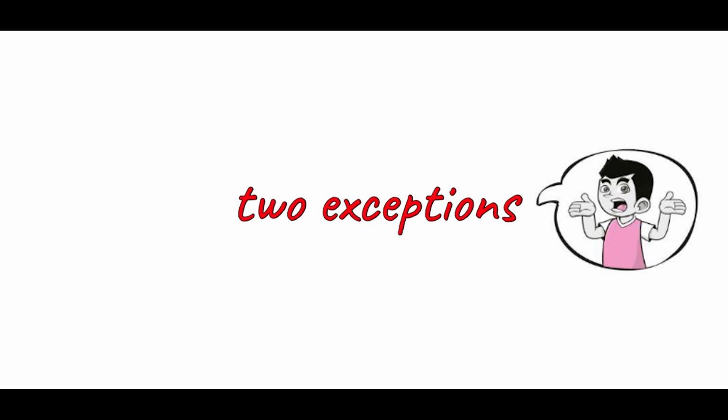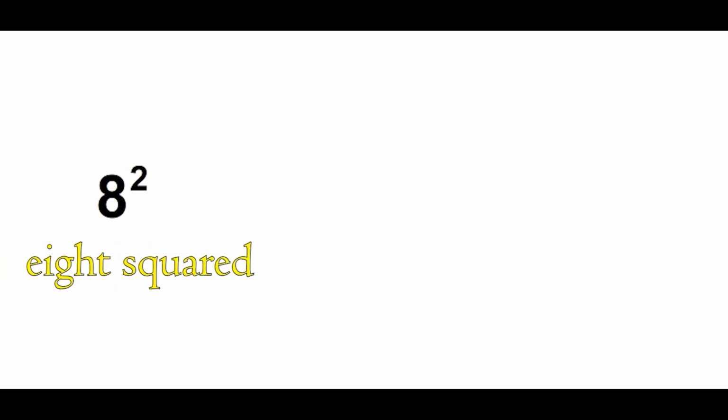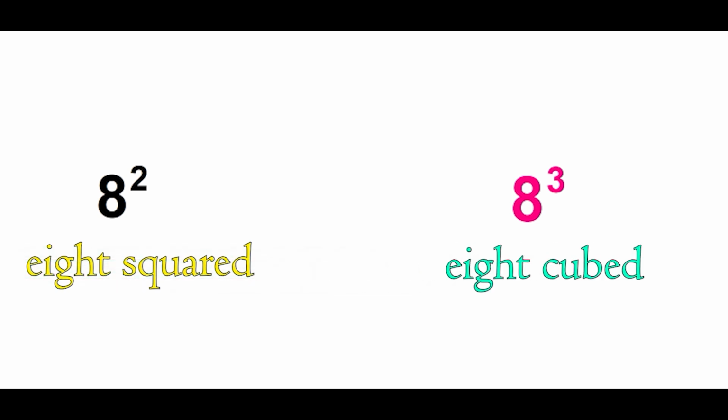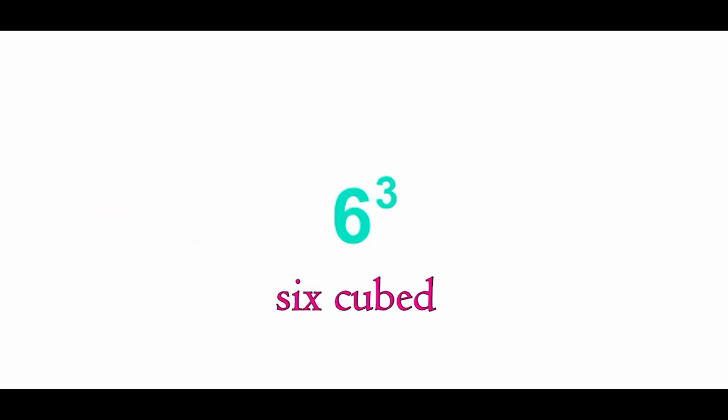But there are two exceptions. If the exponent value is 2, like this example, we say 8 squared. If the exponent value is 3, like this example, we say 8 cubed or 6 cubed.